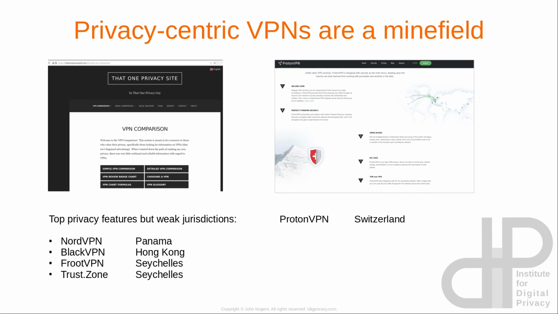And they also are often headquartered in countries with less than stellar privacy protection or legal enforcement. Proton VPN, HQ'd in Switzerland, is possibly the best all-round privacy proposition, but always search for news on any privacy or security breaches before signing up for any VPN service.